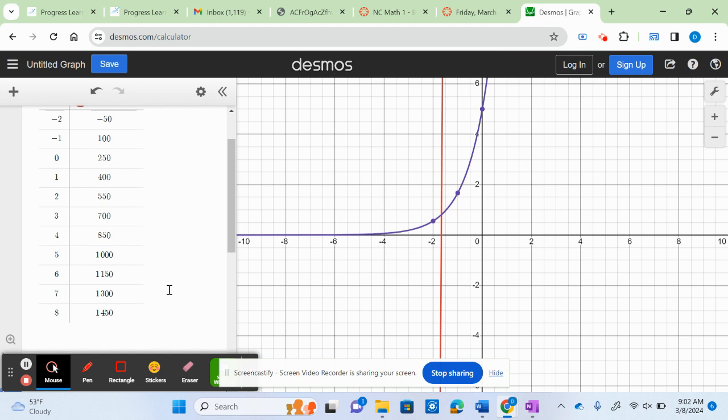At 2, linear is bigger. At 3, that's bigger with the g of x. And then the next number.